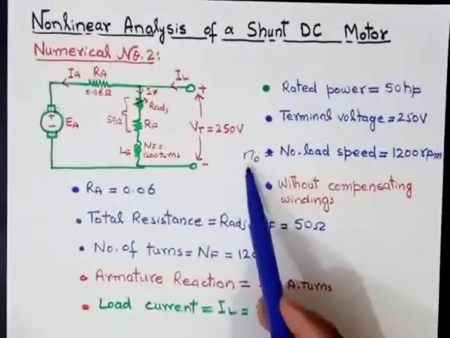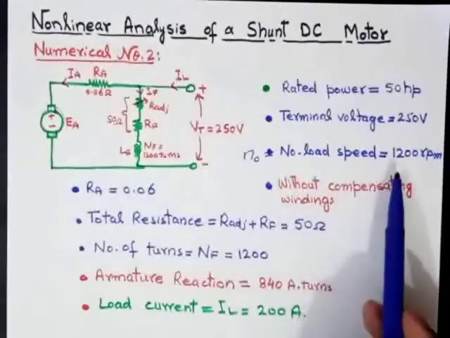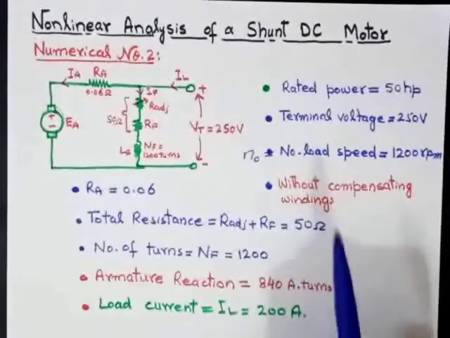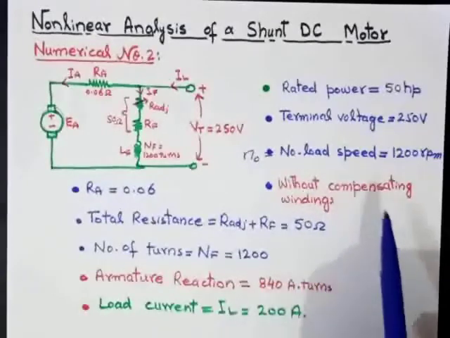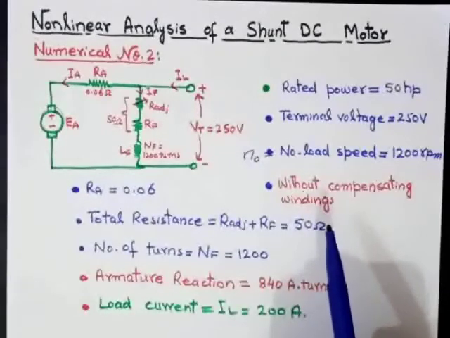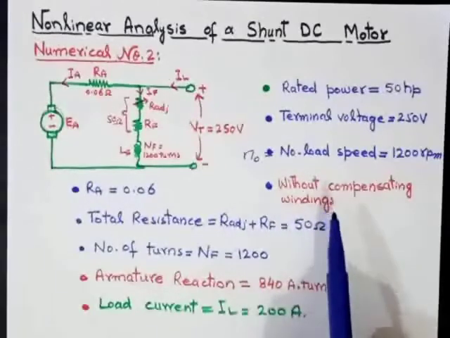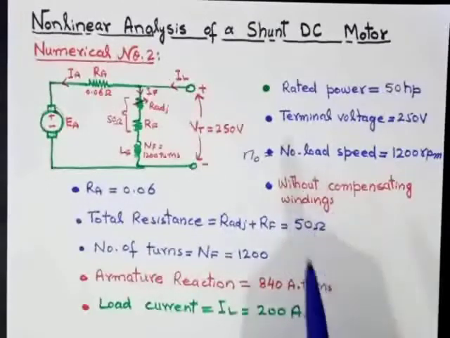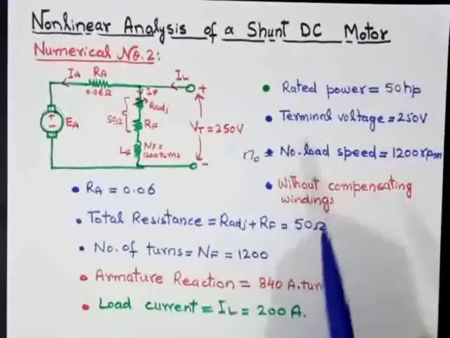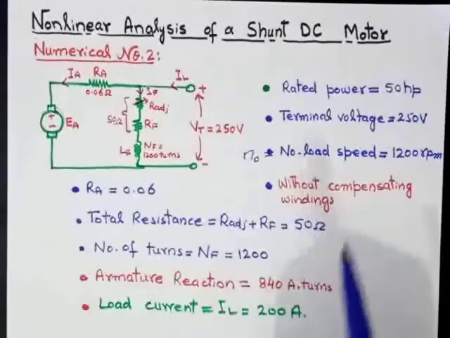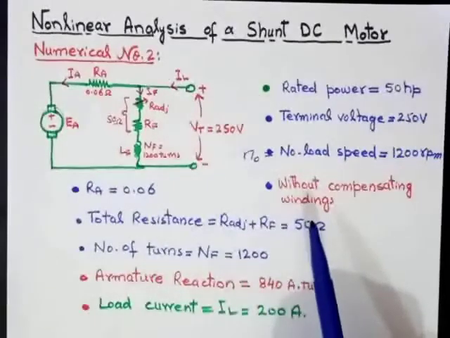The important point here is that the DC shunt motor is without any compensating windings. When there is no compensating winding, as we have already discussed in detail, the flux weakening problem will exist due to armature reaction.